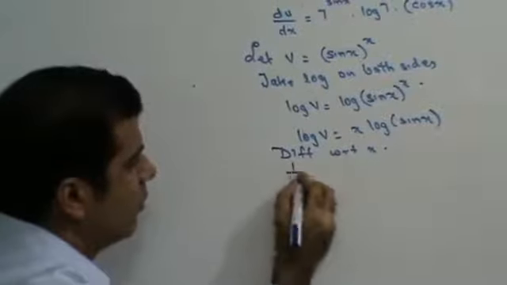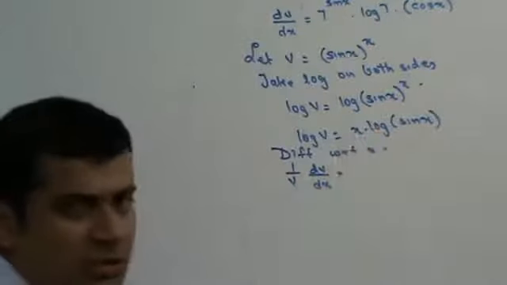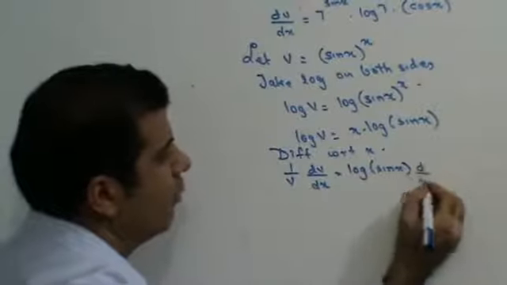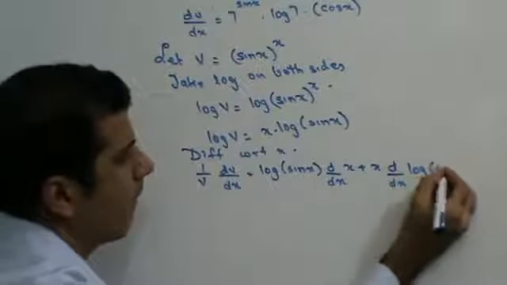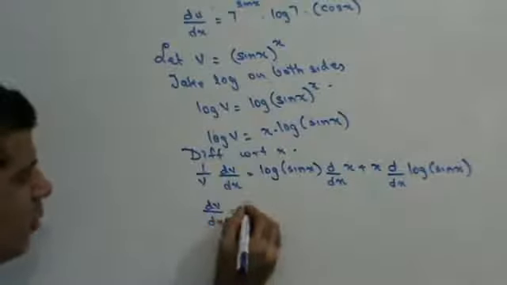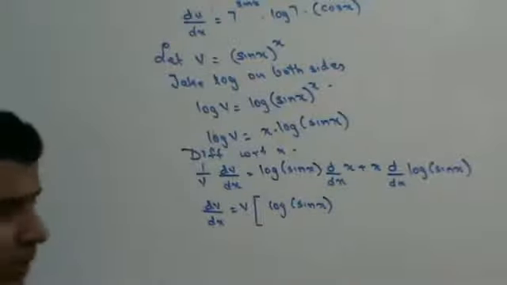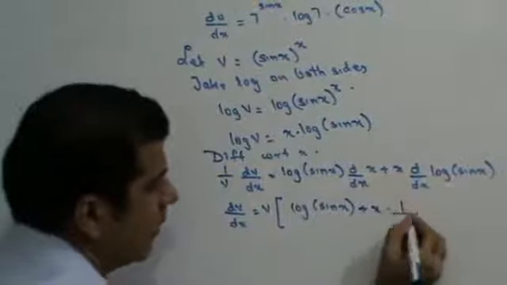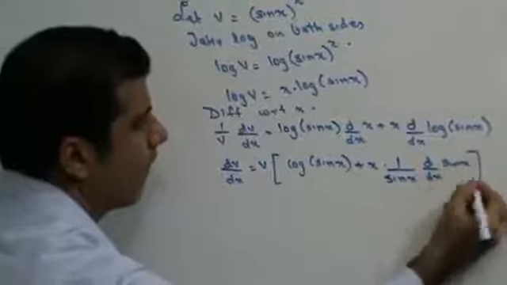So d/dx of log v is 1 upon v dv/dx. Here I'm going to use the uv formula: first times derivative of second plus second times derivative of first. Take v on the other side. dv/dx is equal to v times log sin x, d/dx of x is 1, plus x times 1 upon sin x times d/dx of sin x.